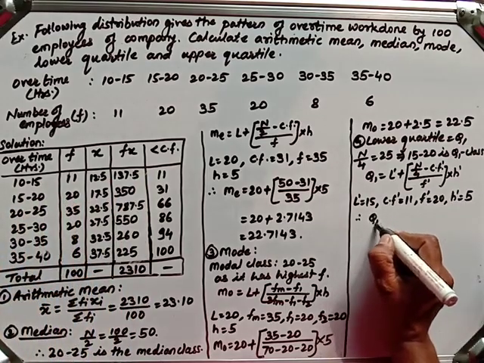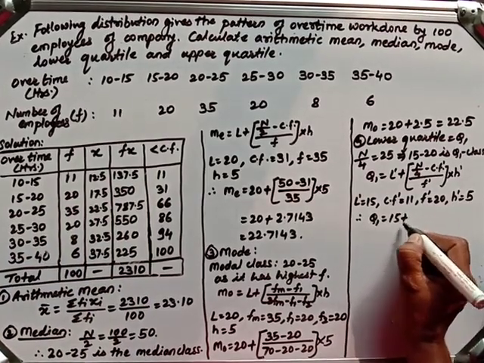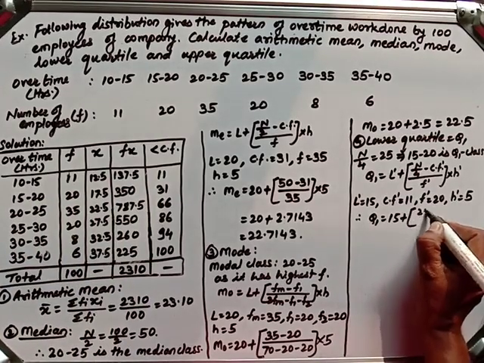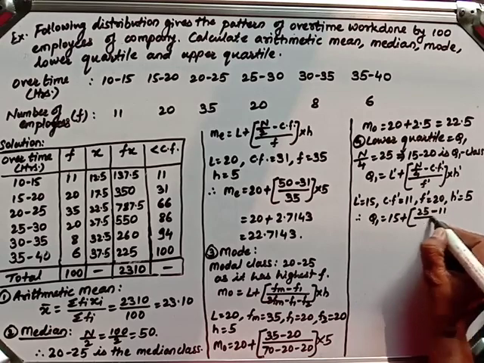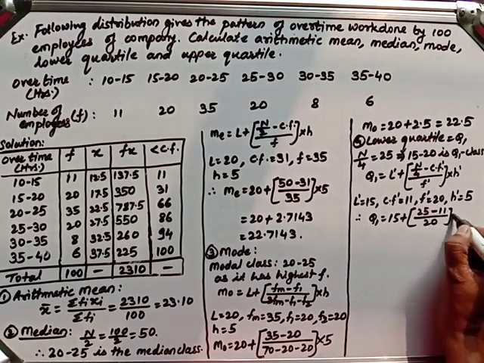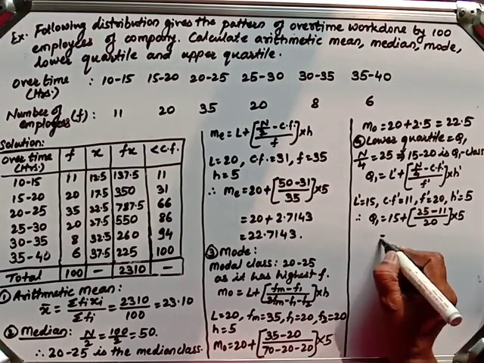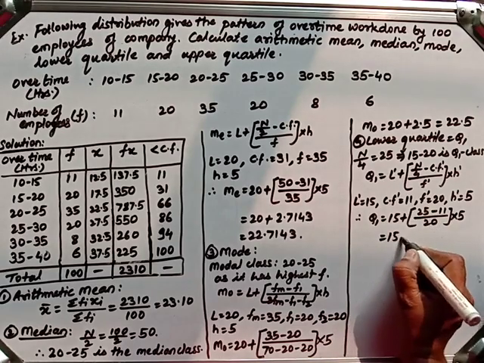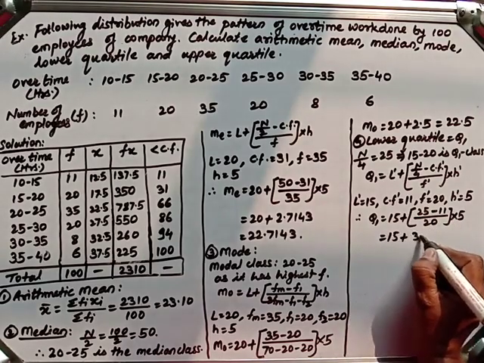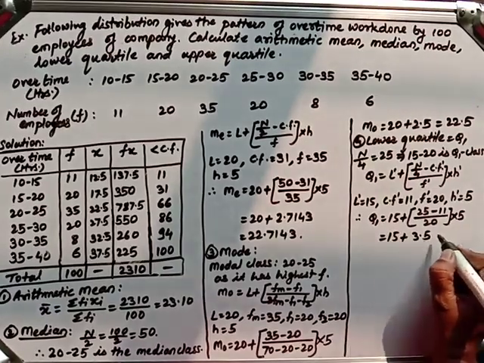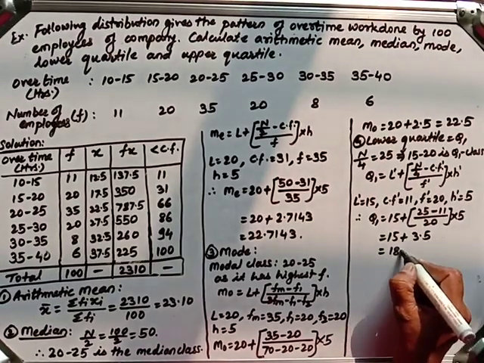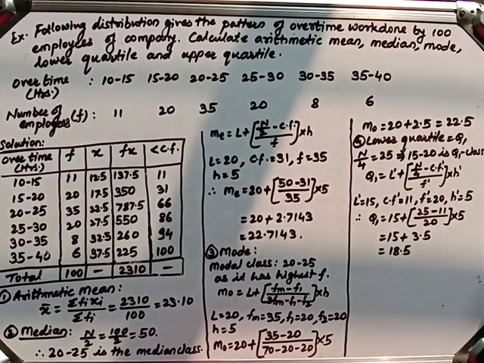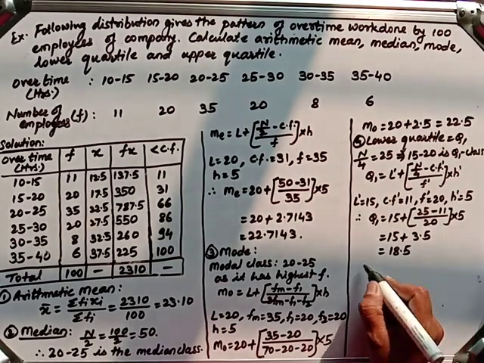Therefore, Q1 is equal to 15 plus (n by 4, which is 25, minus 11) upon 20 multiplied by 5. So we get 15 plus 3.5. So Q1 will be 18.5.